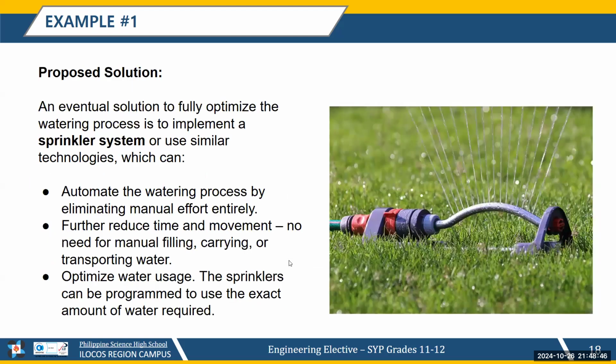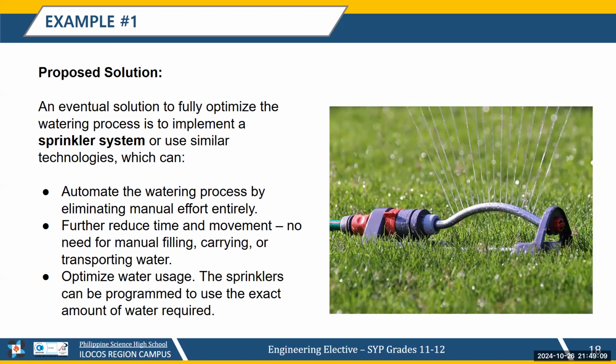So ultimately, here is the proposed solution to improve the process. An eventual solution to fully optimize the watering process is to implement a sprinkler system. So this system can, number one, automate the watering process by eliminating manual effort entirely.